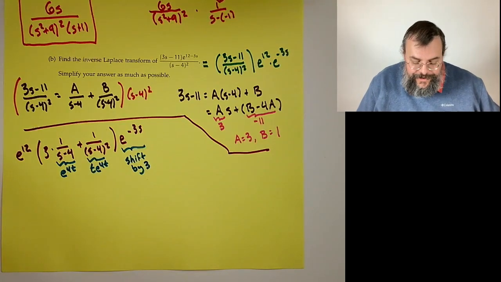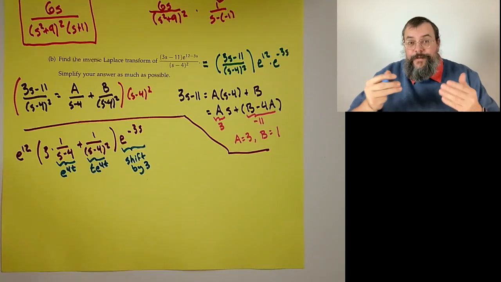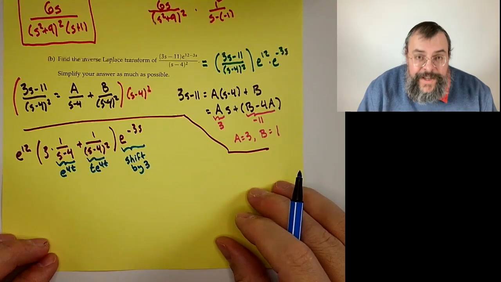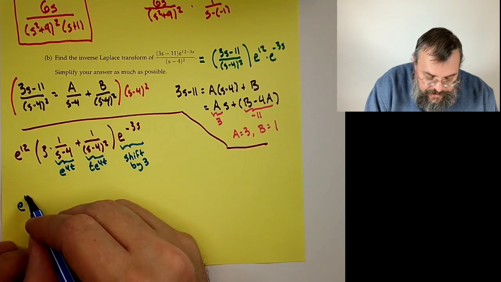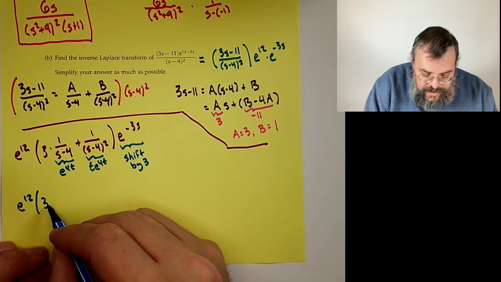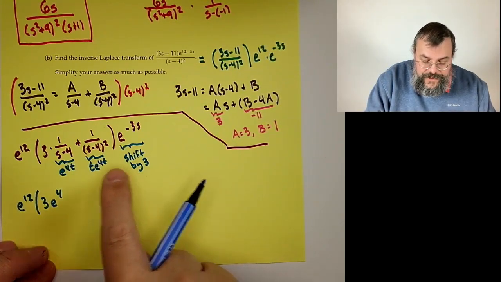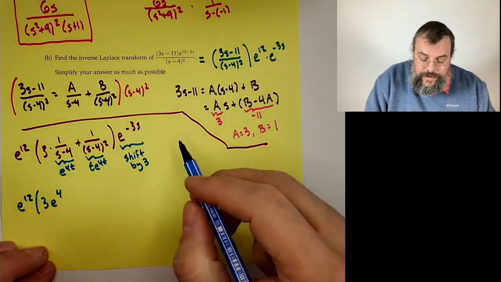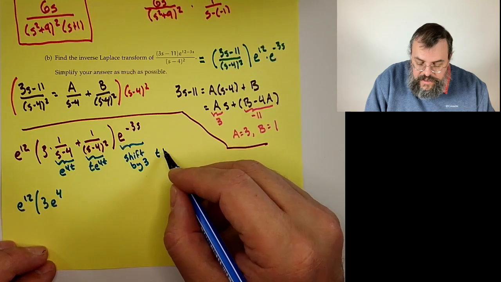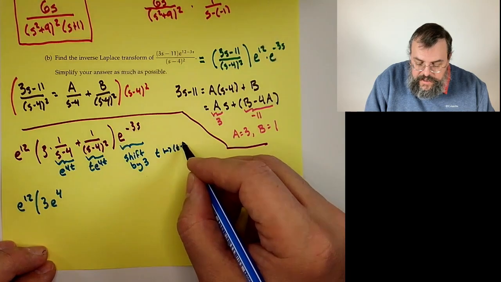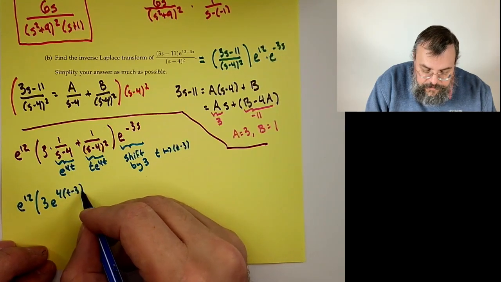Okay, so now we're ready to say our inverse Laplace transform. Here we go. It is e to the 12, then 3 e to the 4. Remember, we have to shift everything by 3. So what that means when we talk about the shift by 3, instead of t, we're going to talk about t minus 3. So 4 times (t minus 3).